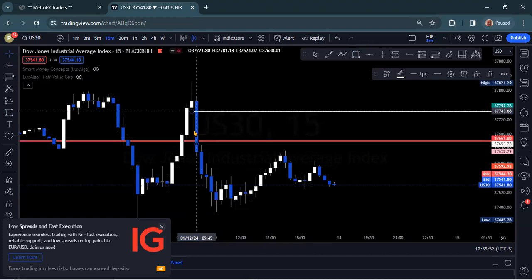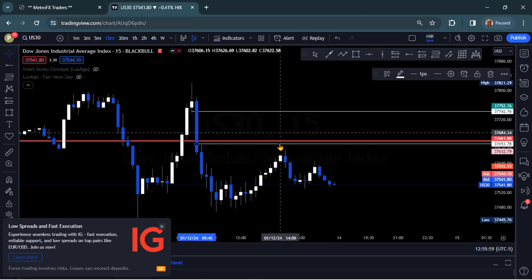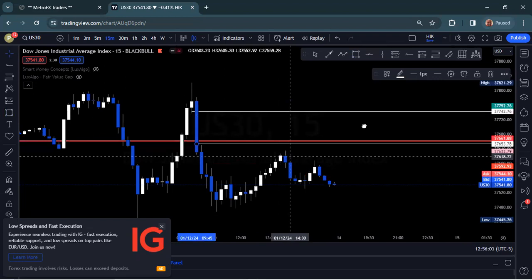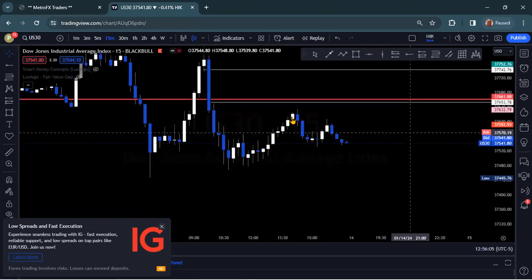Okay, there's a gap. So the market has to come back into this area, and it'll bounce off this area and come back. As you can see, it didn't quite get there with this candle.